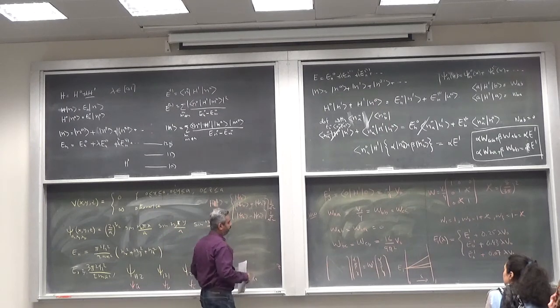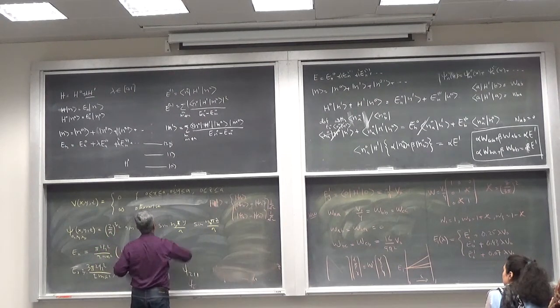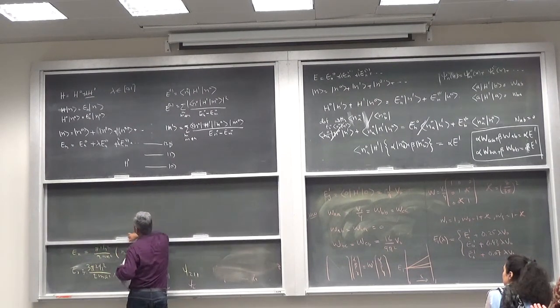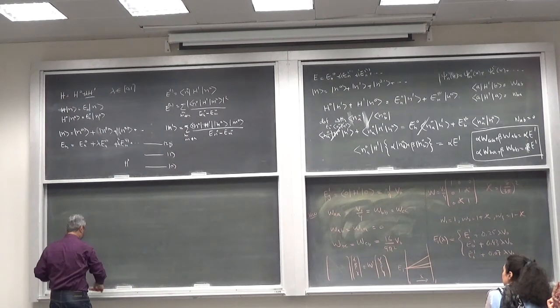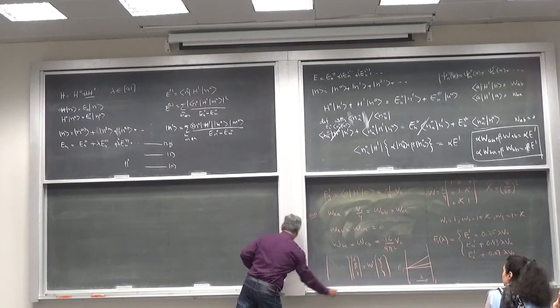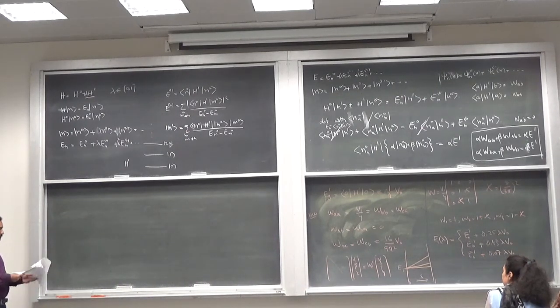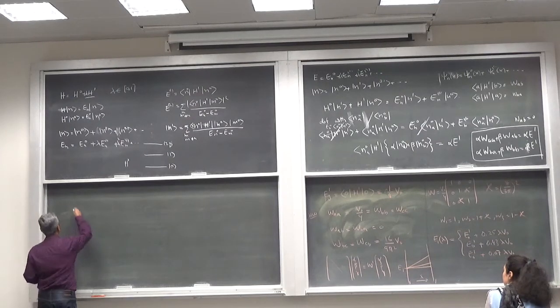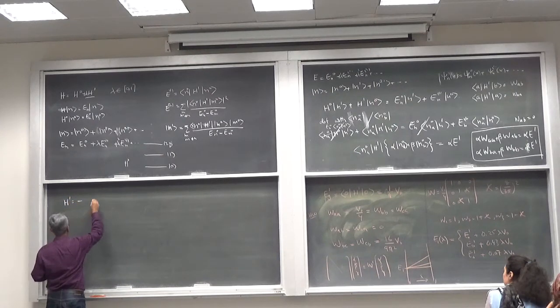Let's try and calculate, and now I'm telling you the theorem that I was mentioning earlier. Let's try and calculate the relativistic correction to the hydrogen atom. So before we do that, in that case, H1 is equal to minus P4 over 8m cubed c squared.